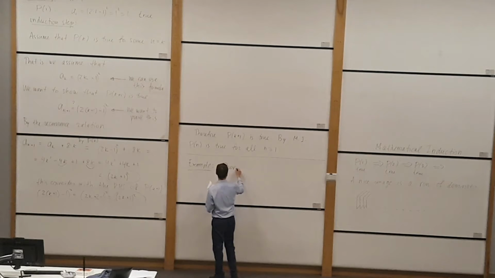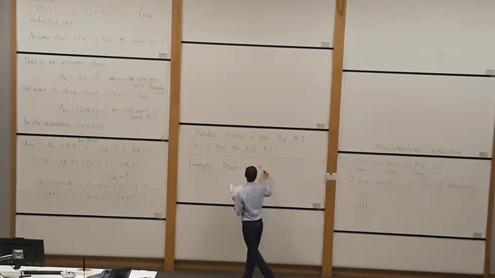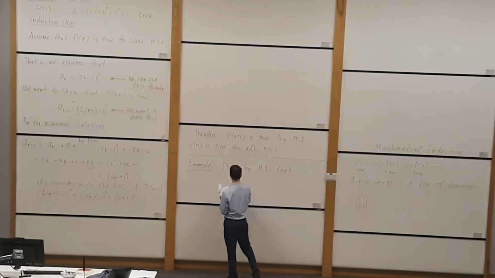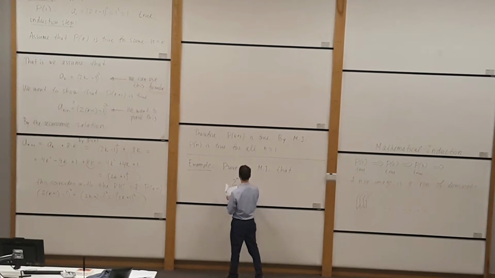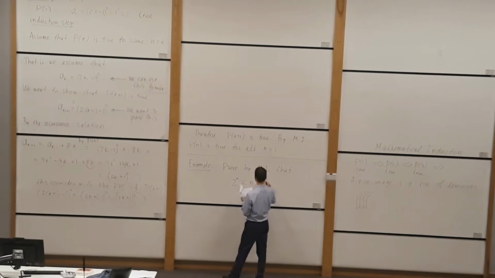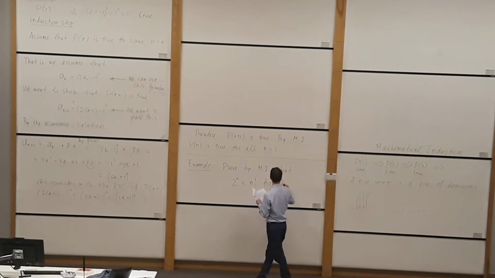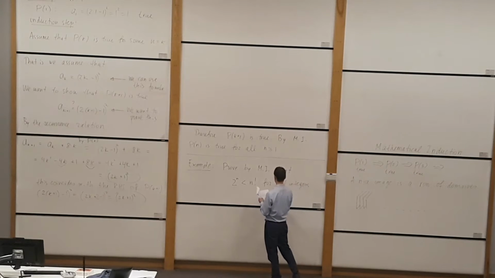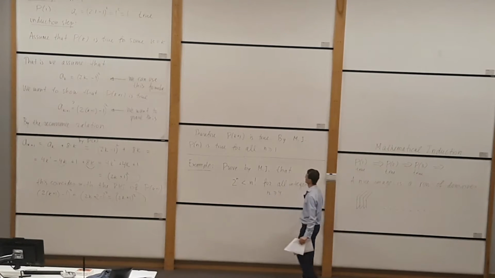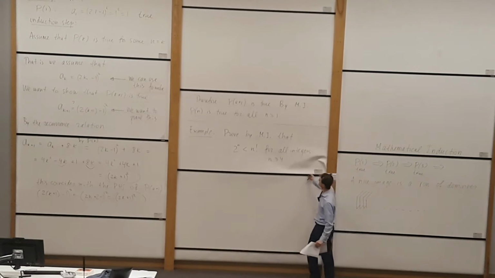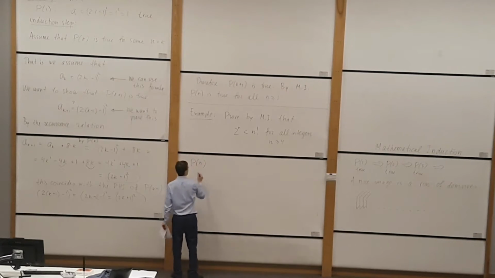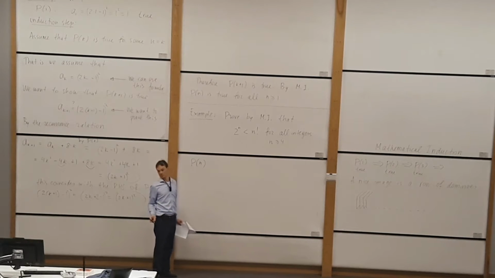Prove by mathematical induction that 2 to the power n is less than n factorial for all integers n greater or equal than 4. So now our P of n is an inequality.